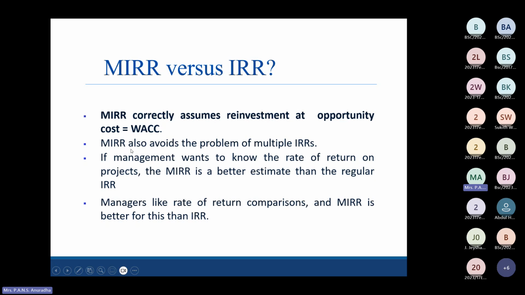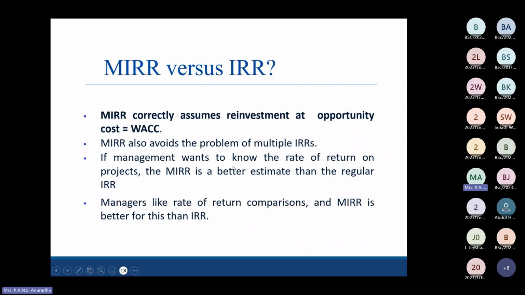So MIRR avoids the problem of multiple IRRs. Now there is no multiple IRR issue. Two MIRRs cannot come. The modified internal rate of return has only one terminal year value. You are connecting the terminal year value of the project and the cost of the project, so you are getting only one MIRR.